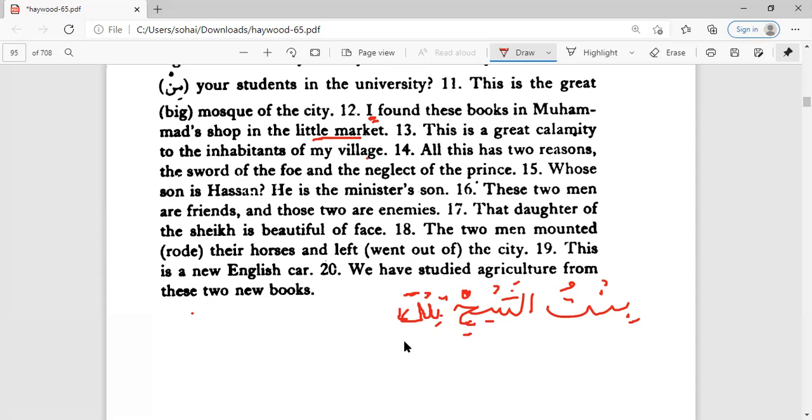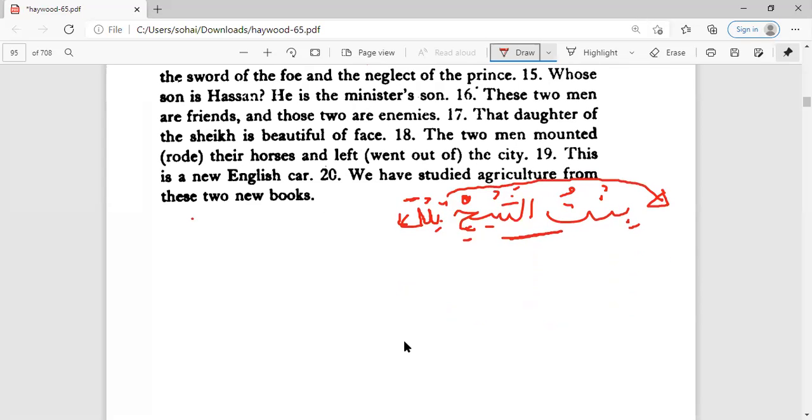Because whenever there is an idafa construction, there cannot be anything in front of it. We say nothing can come between the idafa, right? But if tilka is before, it's not coming between the idafa, it's coming before.